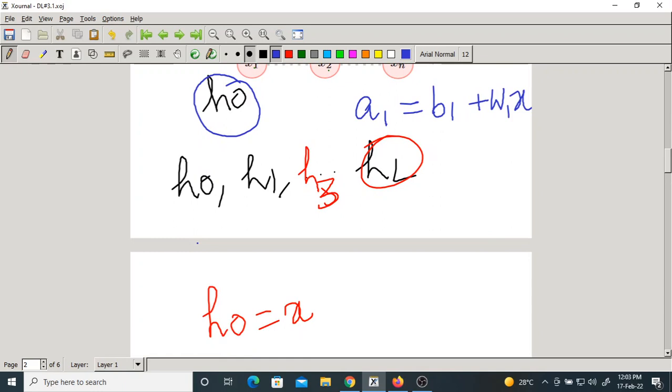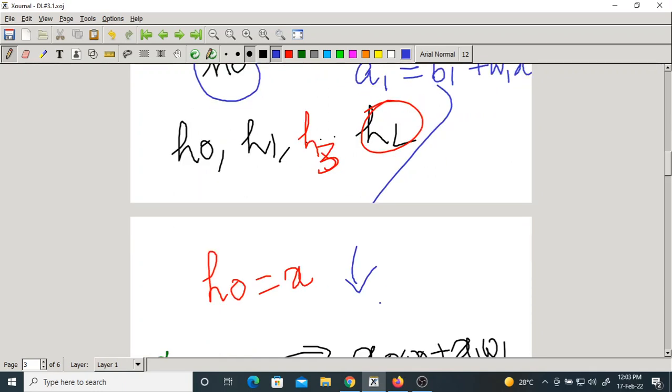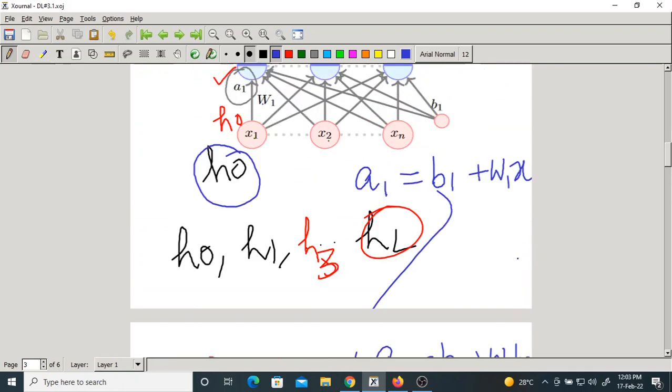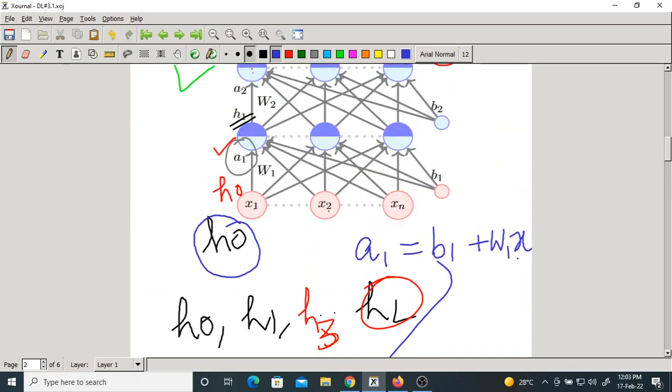Is it clear? So from this, what we can write is A1 equal to B1 plus W1 h0. Do you agree or not? So instead of x, I am writing h0. That's it. So A1 equal to B1 plus W1 into h0.